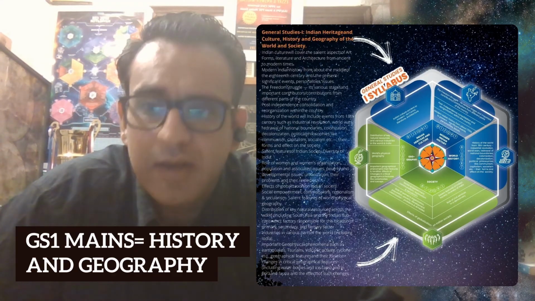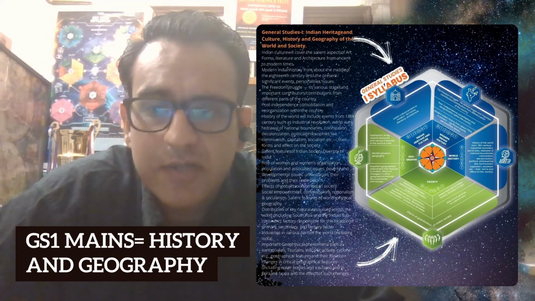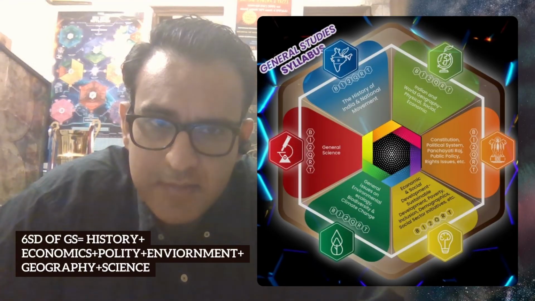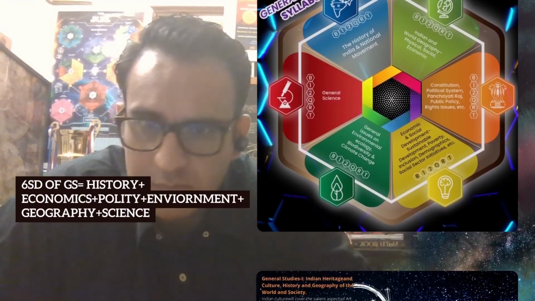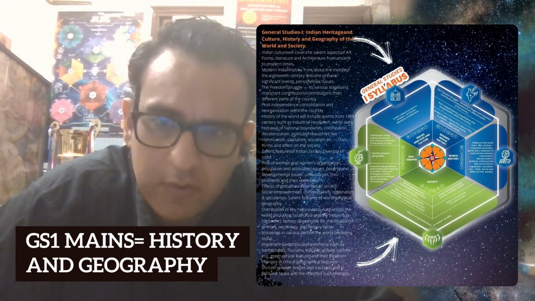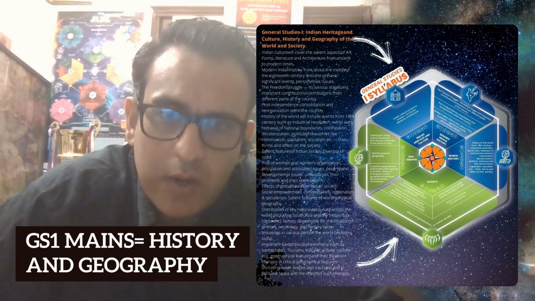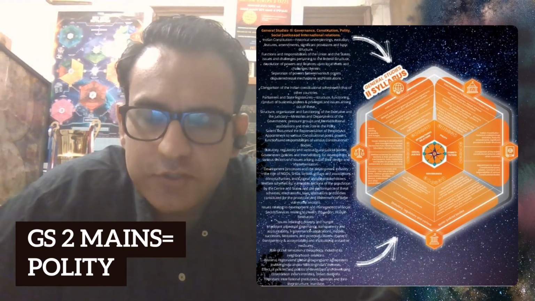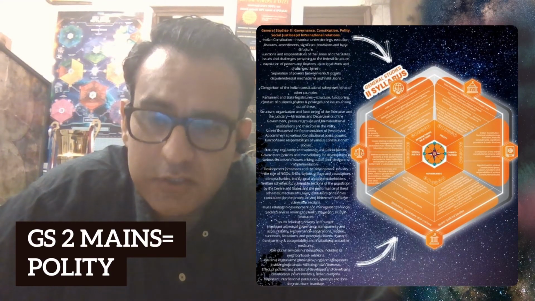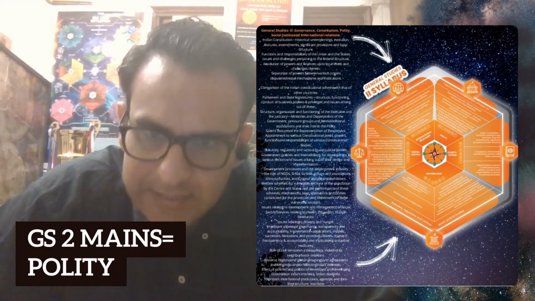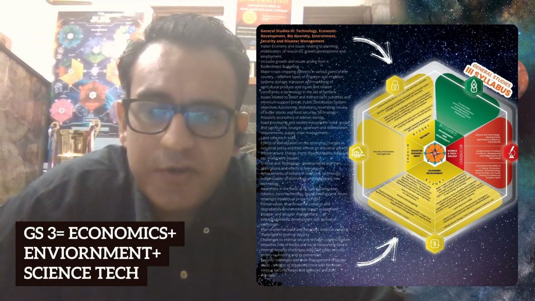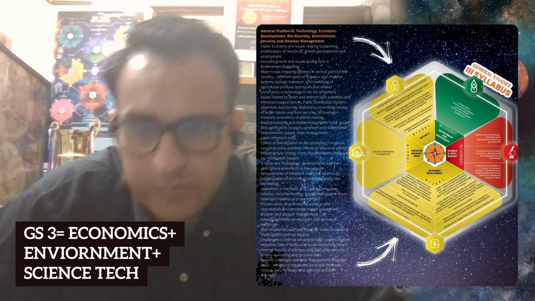The reason it is done and the reason why it's been color-coded is that you can then instantly recognize that the blue part is history, and that the green part, whatever the color corresponds to, is geography. So, General Studies 1 in mains is essentially history and geography. Likewise, General Studies 2 in mains is essentially polity. All of it in detail is polity. General Studies 3, however, is a combination of economics, environment, and general science.